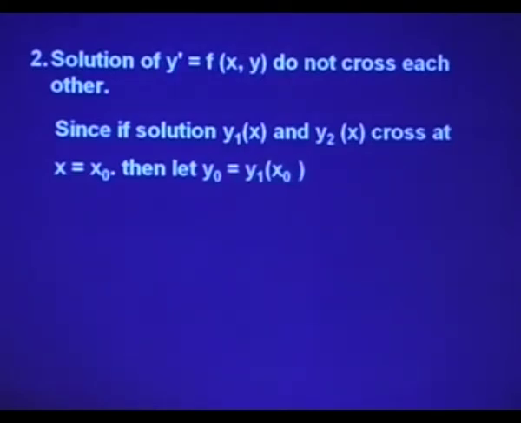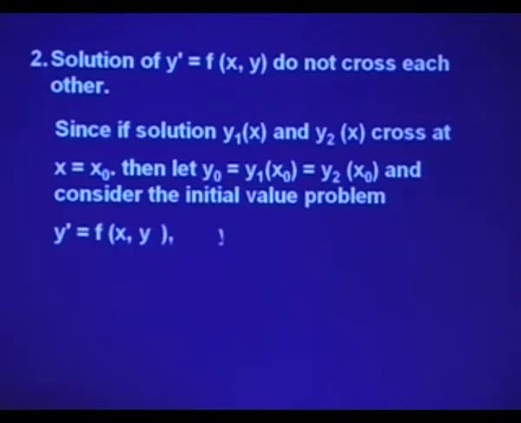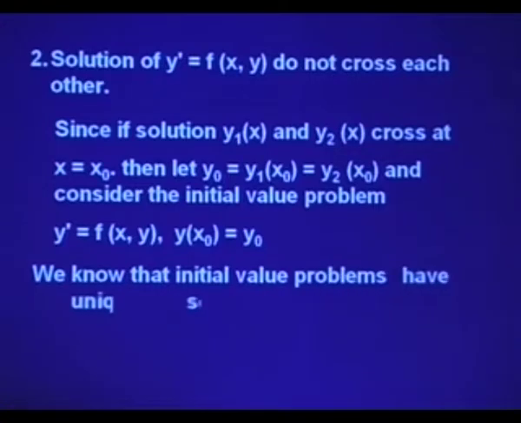I would assume that at x0, the value of y1(x0) and y2(x0), I will consider as y0, and I will now look at an initial value problem: y dash is equal to f(x, y), y(x0) is equal to y0. We know that the solution of an initial value problem is unique.